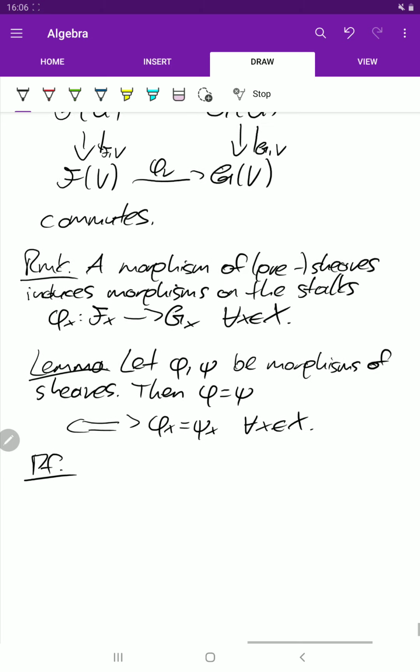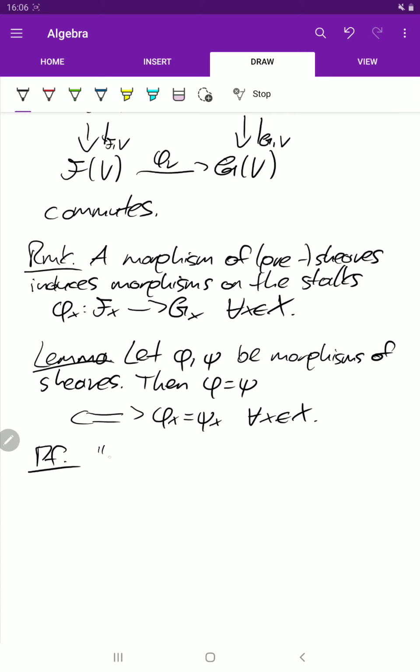Okay, and the proof is also not that hard. So this direction is quite clear. If these morphisms are the same, then the induced morphisms are also equal. So that's clear.